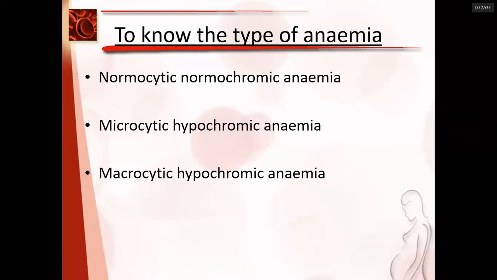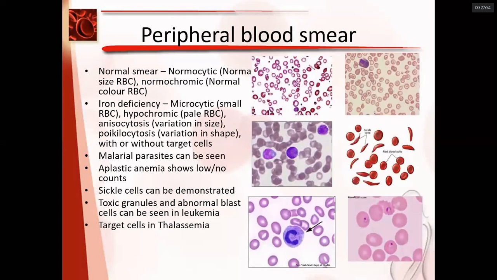So if the picture is normocytic normochromic, or microcytic hypochromic, or macrocytic anemia, especially when we're dealing with iron deficiency anemia, as you all know, it is microcytic and hypochromic. In iron deficiency, the red blood cells are small in size, meaning microcytic, hypochromic, meaning pale, anisocytosis, there is variation in the size of the red blood cells, poikilocytosis, with or without the presence of target cells.